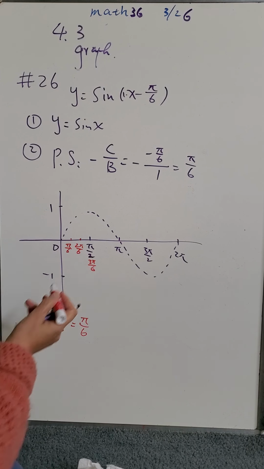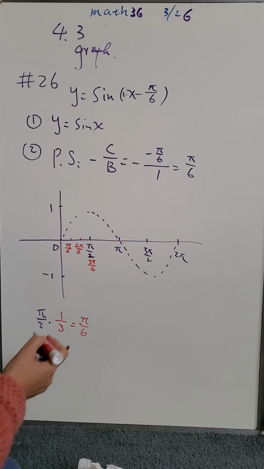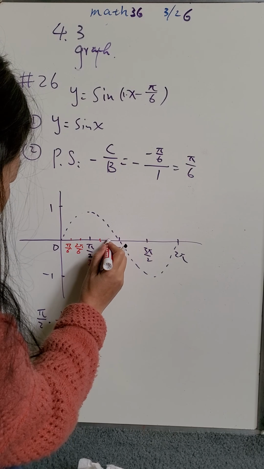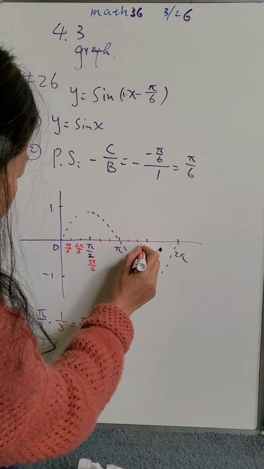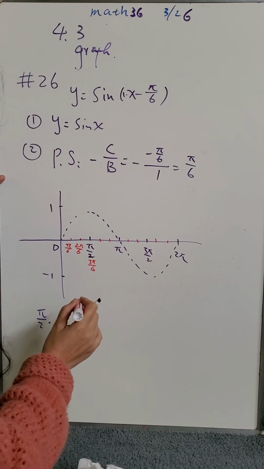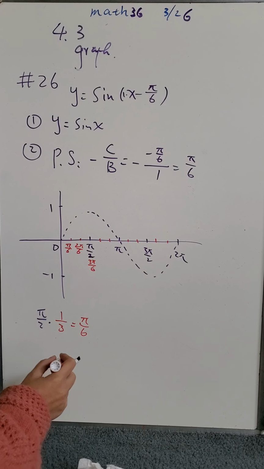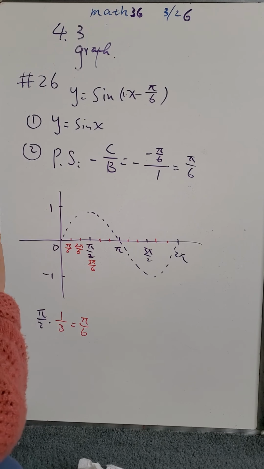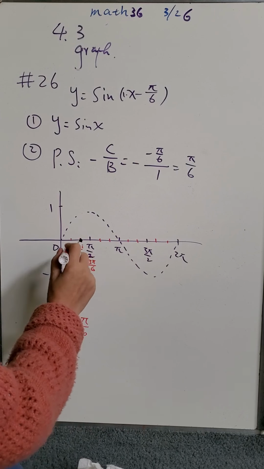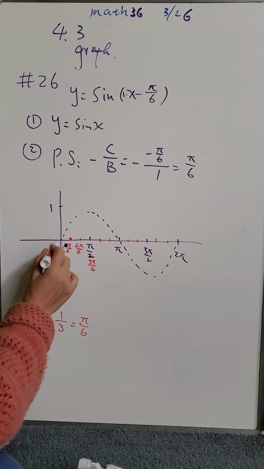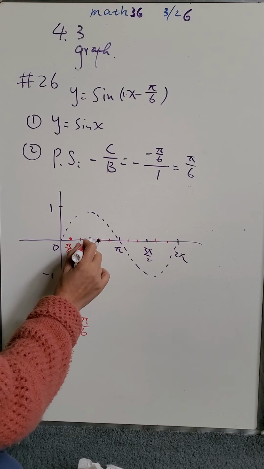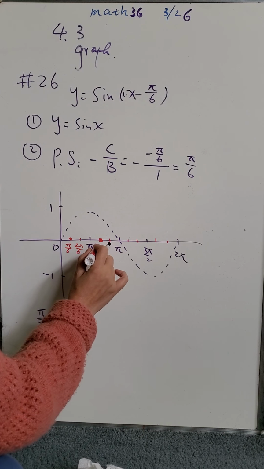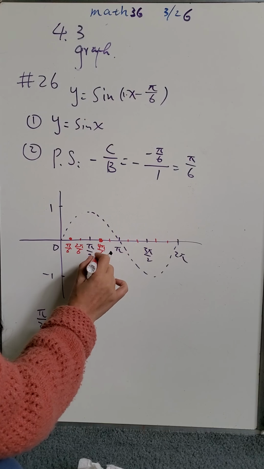That's same as pi over 2, and everything has divided into 3 parts. Each portion is pi over 6. So you move the whole graph of pi over 6 to the right. You move to here, you start from 0, you move to here. This one you move to here. So this will be 4 pi over 6.